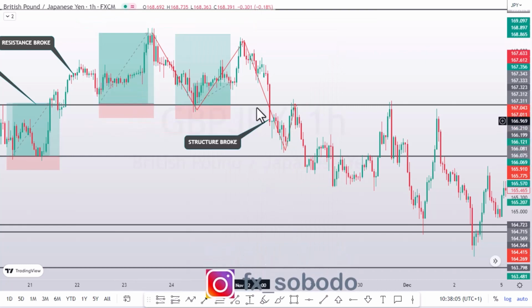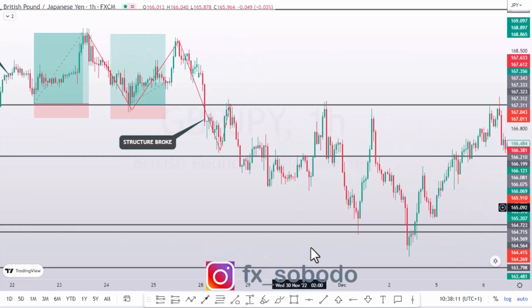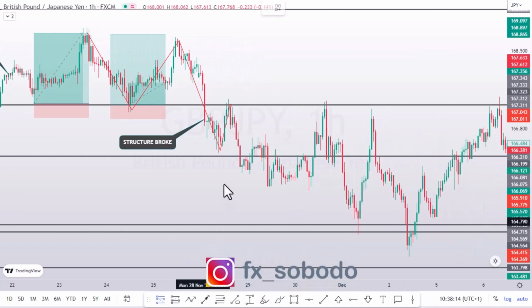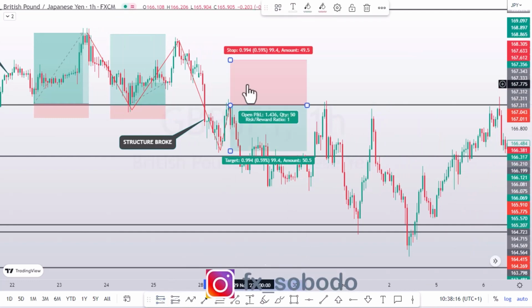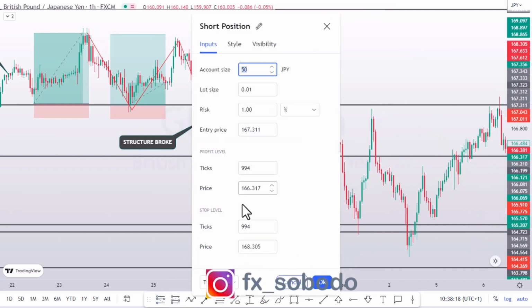The structure got broke to this level. And the moment that happens, we wait for the retest by risking nothing more than 30 pips.